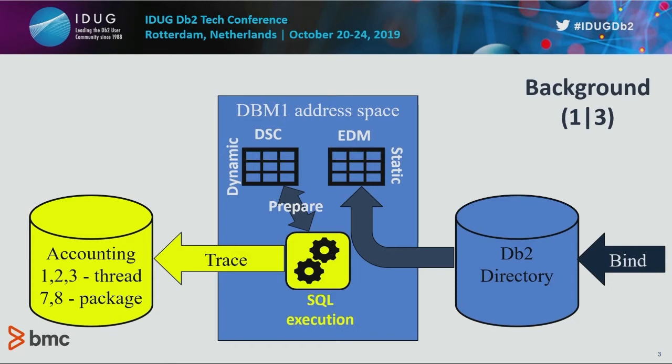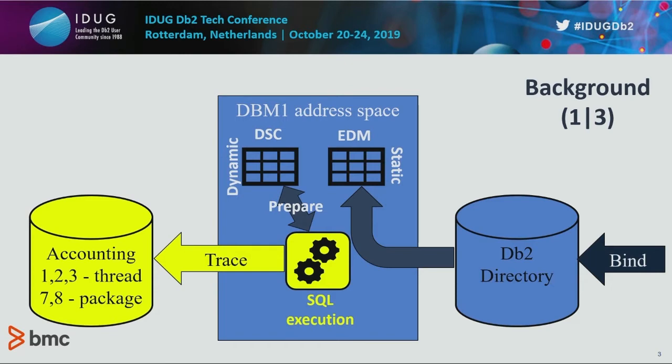At prepare time, the cache was very useful in terms of that second time you prepare the same statement: the information that was determined for the dynamic statement regarding the access path is sitting in the dynamic statement cache, ideally, and then you can pull that in and reuse it instead of going through the full prepare of invoking the optimizer and determining the best path for the SQL that you're preparing. So that's the dynamic statement cache.